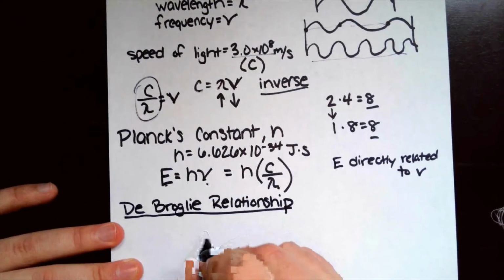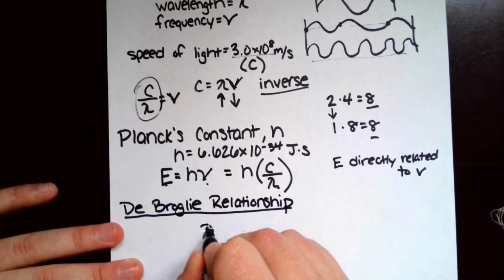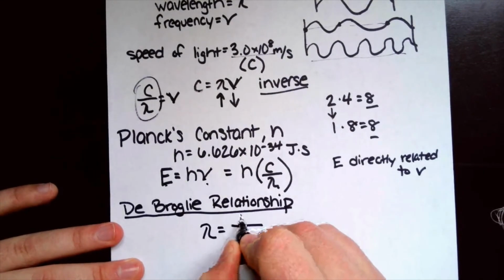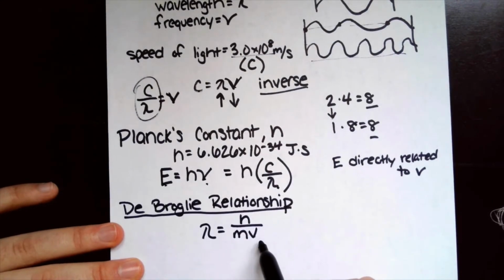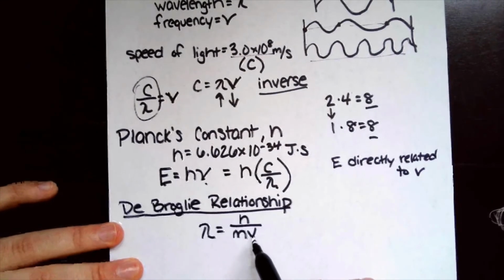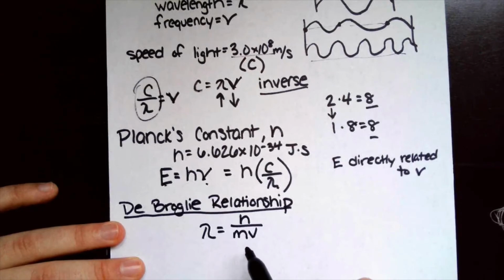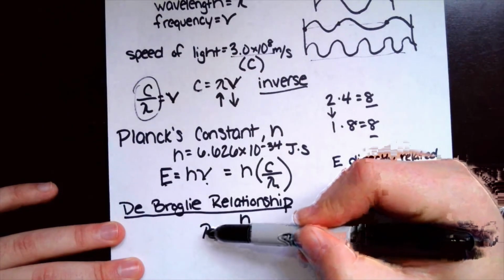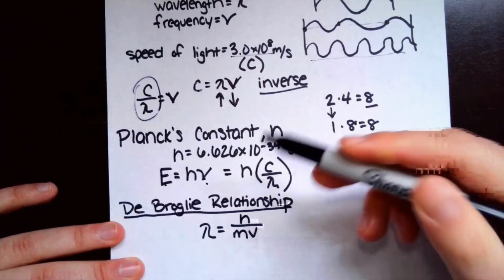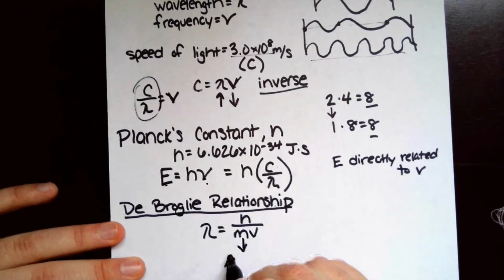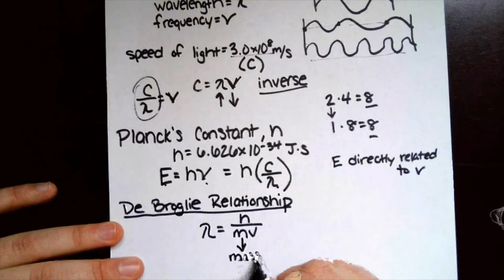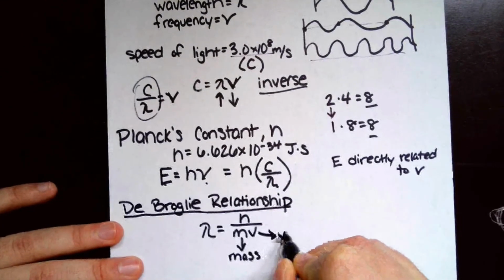It is lambda equals h over mv. Now this is v, that's not nu. Lambda, of course, is wavelength, h is Planck's constant, m is mass, and v is velocity.